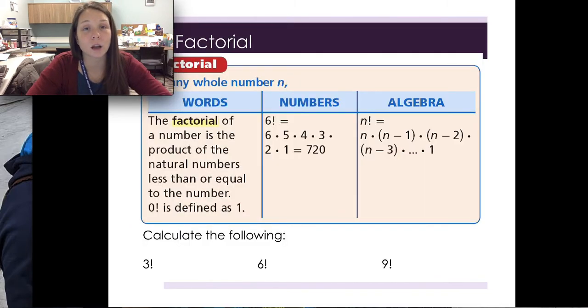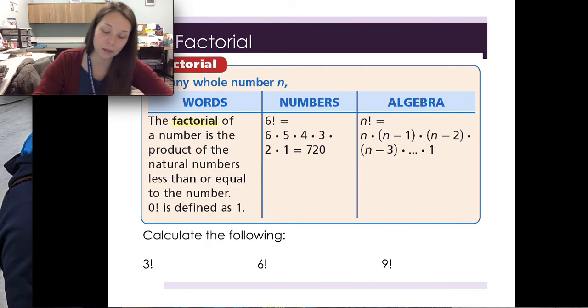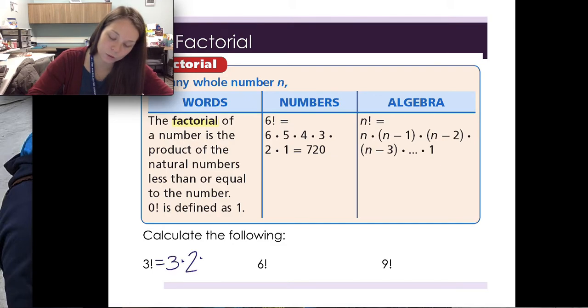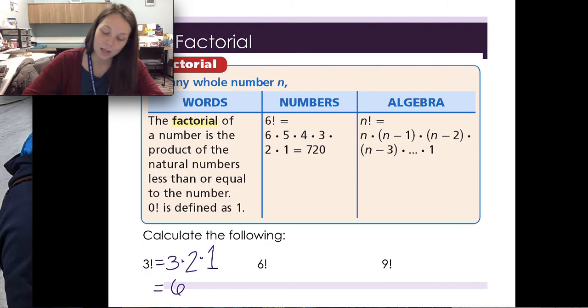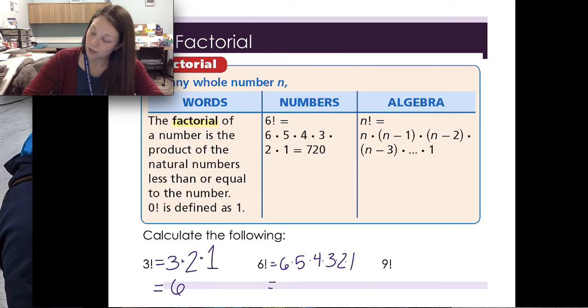So the next thing we're going to talk about are factorials. I know it looks like an exclamation point, but really what it's referring to is starting with that first number that's listed and going in descending order all the way down to 1 and multiplying them all together. So 3 factorial is 3 times 2 times 1, giving us 6. 6 factorial is 6 times 5 times 4 times 3 times 2 times 1, giving us 720.